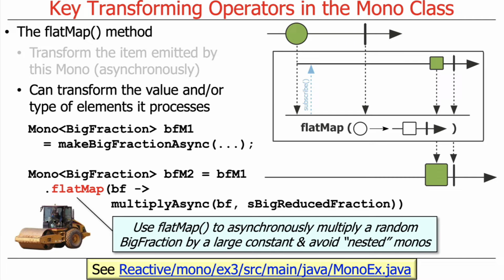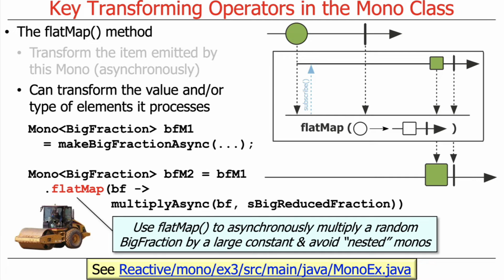And as you might expect, because this is called multiplyAsync, that multiplication is going to take place in a background thread, just like making the big fraction in the first place took place in a background thread. And so that's going to give us back a mono to the results of the multiplication of this big fraction by this constant.